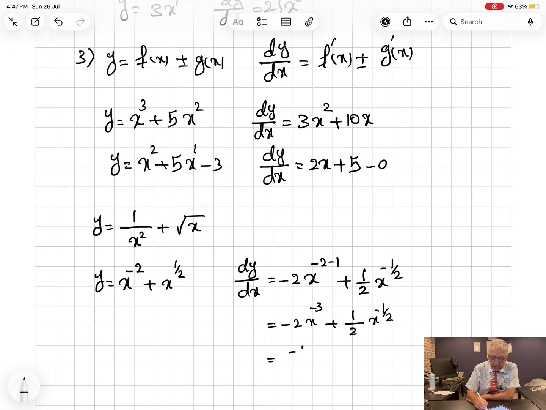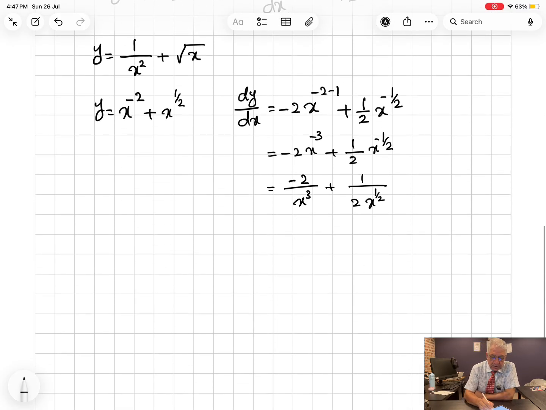divided by x to the power of 3, because it goes to the denominator, therefore the power changes to positive. And this we can write as 1 over 2 times x to the power of half. X to the power of half is what? X to the power of half is the square root of x. Therefore you can write this in the format of negative 2 divided by x to the power of 3 plus 1 over 2 times the square root of x.